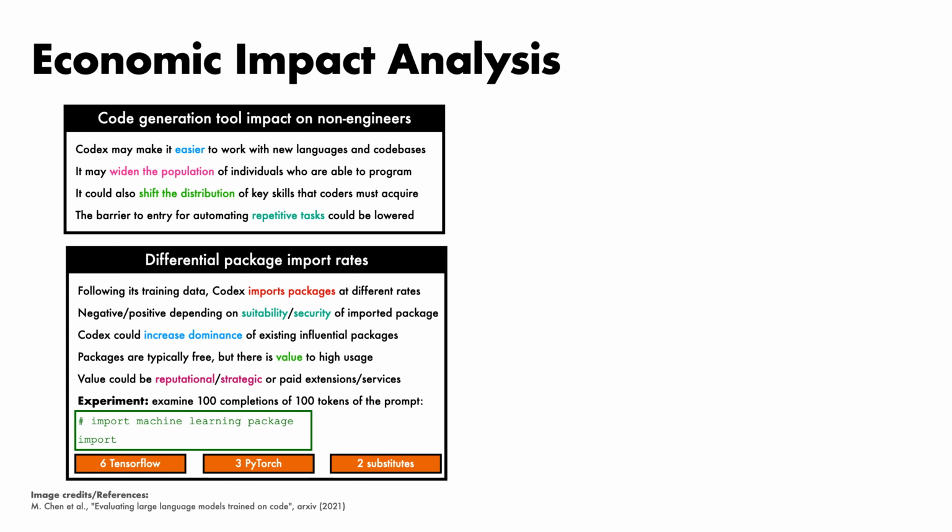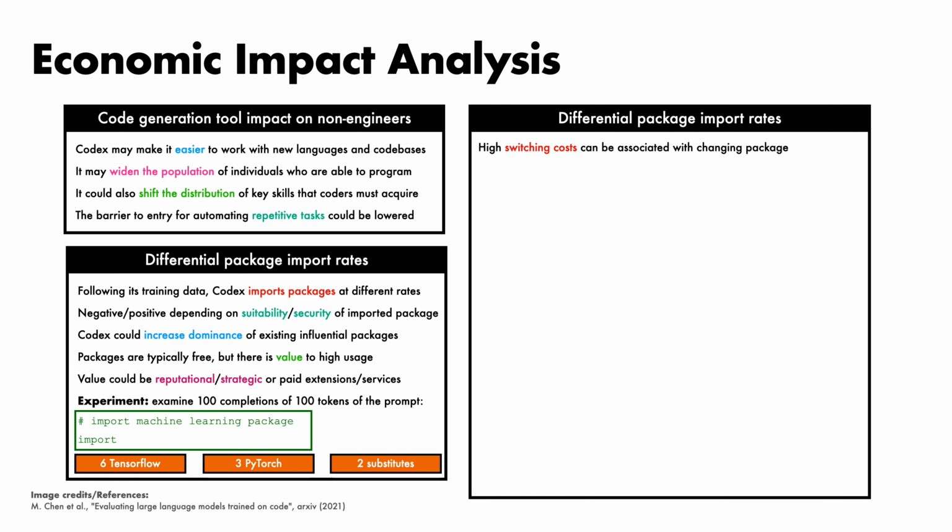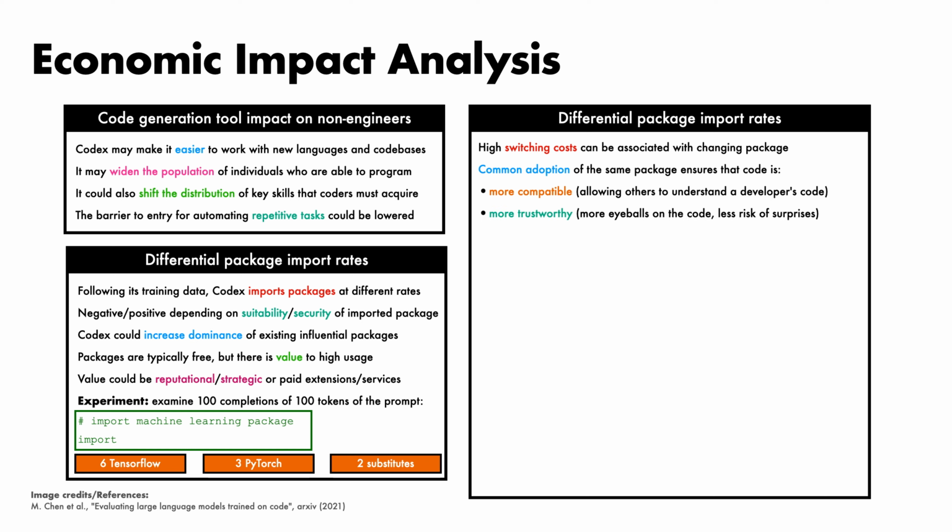It's also useful to note that high switching costs can be associated with changing package choice. This is in part because there are benefits to common adoption of the same packages, which help to ensure that the code is more compatible, with other developers able to immediately understand newly written code that depends on the commonly used package; more trustworthy, since there have been more eyeballs on the package and thus there is less risk of security surprises; and easier to integrate, since others will often be able to build on the code with minimal effort.